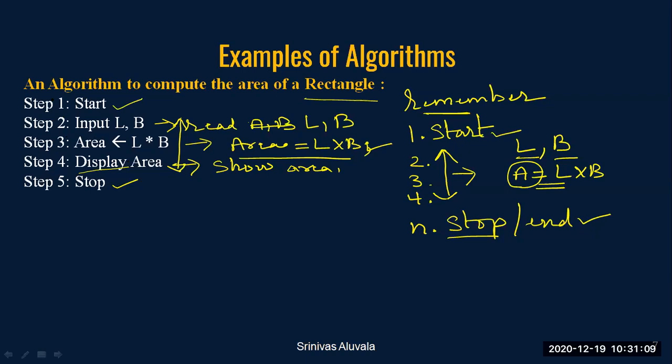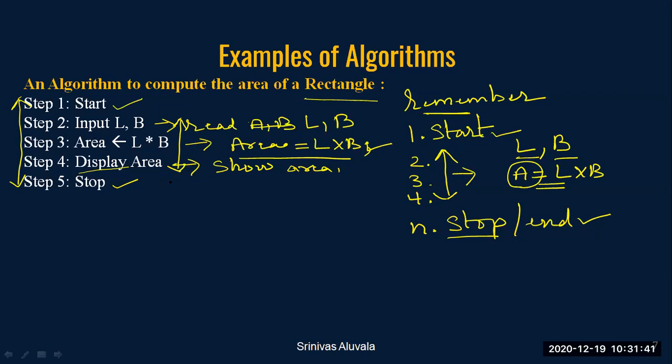Now this algorithm from step number 1 to step number 5 gives me a solution to find the area of a rectangle. The steps written here to get a solution to find the area of a rectangle are called an algorithm because it has definiteness, it has finiteness, it has an input, it has output, and it is ending at some point.